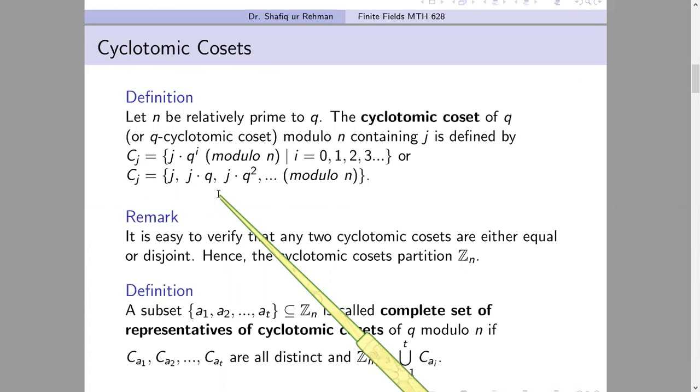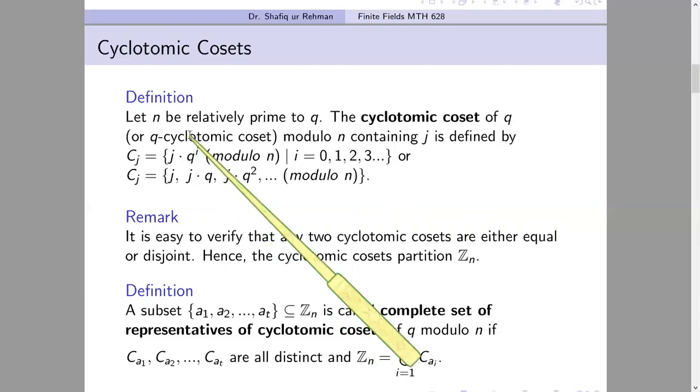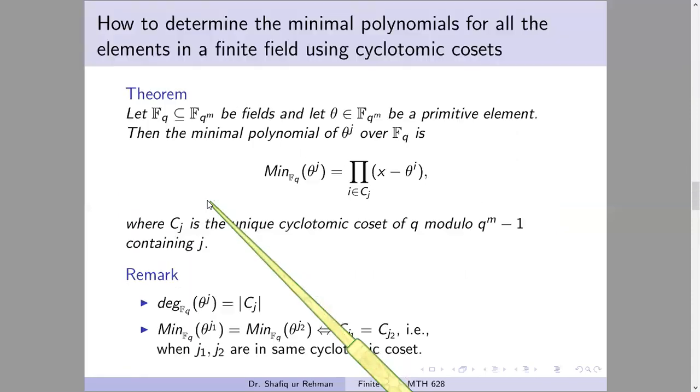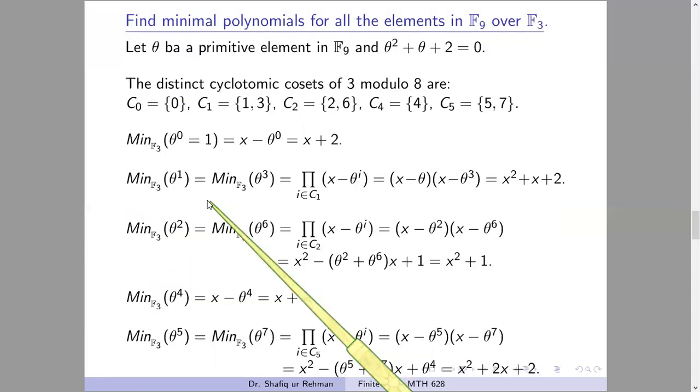We observed in the previous lesson that they are in one-to-one correspondence with the conjugates of the elements in finite fields. And we realized that we can replace the conjugates with some simpler elements that are called cyclotomic cosets. And in this lesson, we did not touch the conjugates. We just used the cyclotomic cosets to find the minimal polynomials of all the elements by using the minimal polynomial of the primitive element.